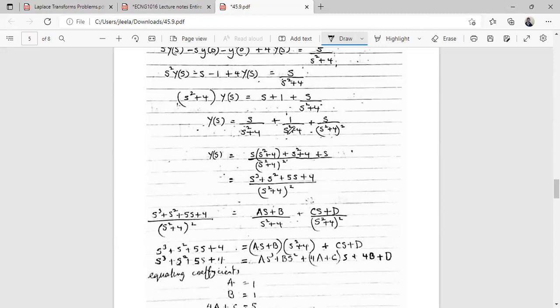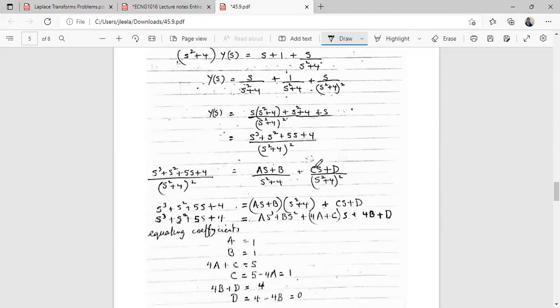So we want to make the LCM (s squared plus 4) squared. Therefore, we have to multiply the first term by s squared plus 4, and the second term by s squared plus 4.